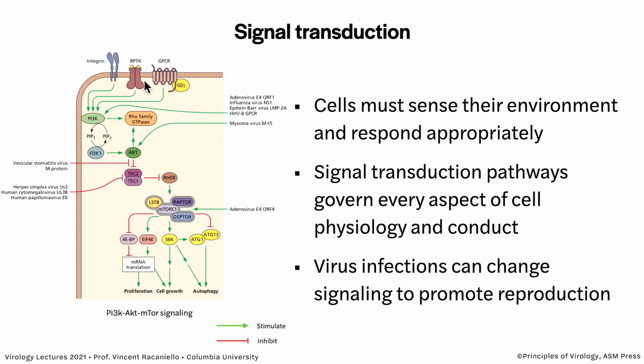And here on the left is an example of such signal transduction pathways. Typically, we have cell surface receptors that will engage ligands. And when the ligand is engaged, a cascade results. And these are green arrows in my pictures that I always indicate stimulate.